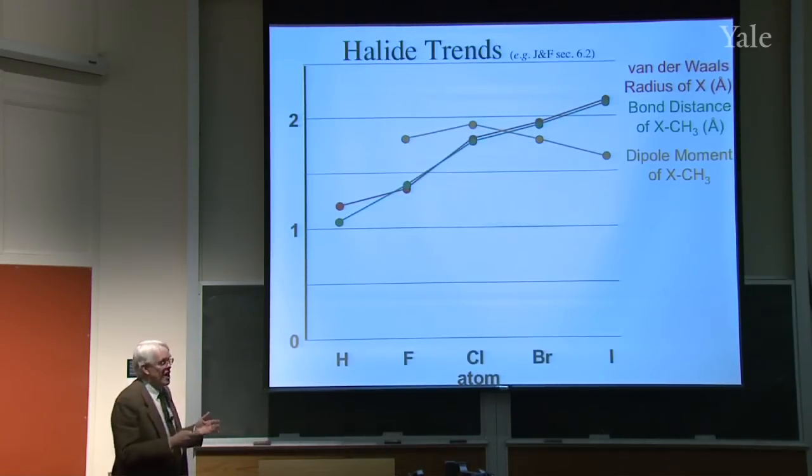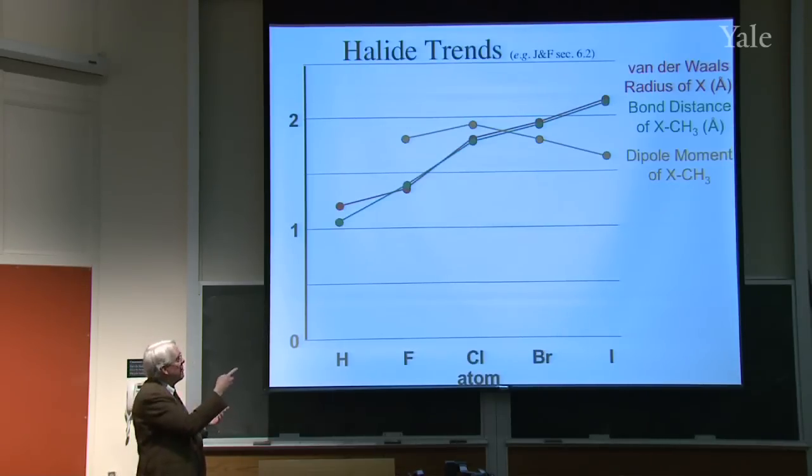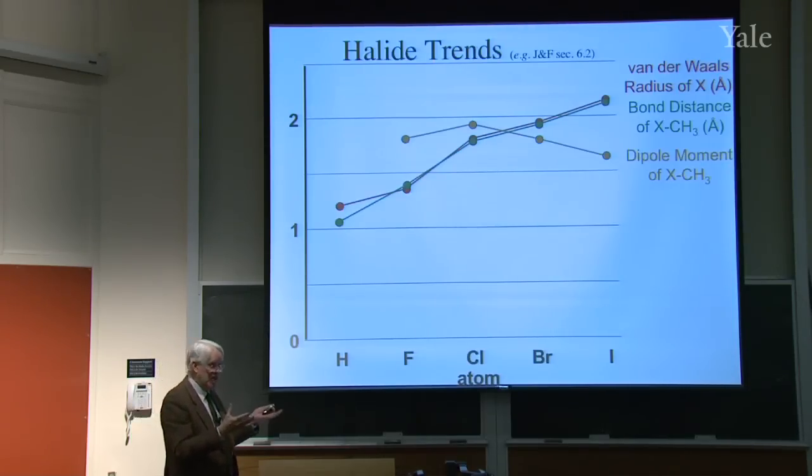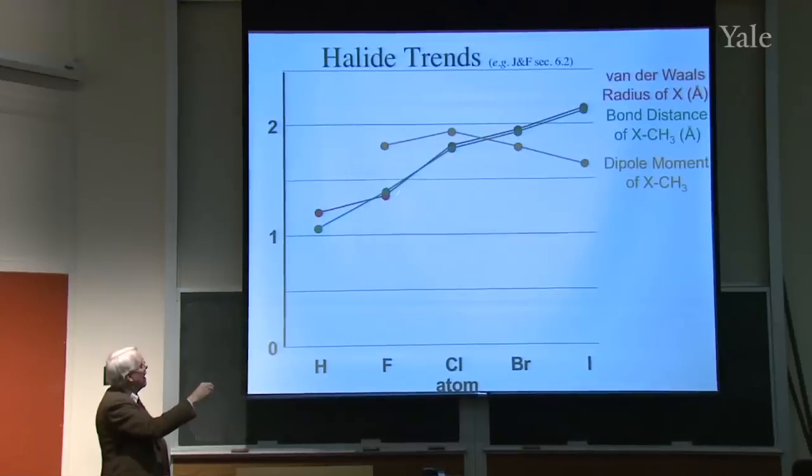If you have H, it turns out there is no dipole moment because it's with methyl. So HCH3 is a symmetrical molecule, and the center of the electrons is the same as the center of the nuclei. So, but here's one, the red is a trend as you go, well, forget hydrogen because it's not really a halogen. But here's the radius, the bond distance.